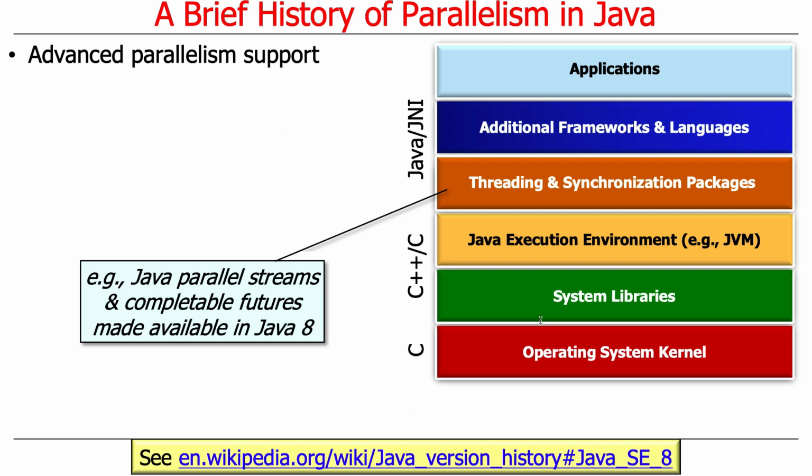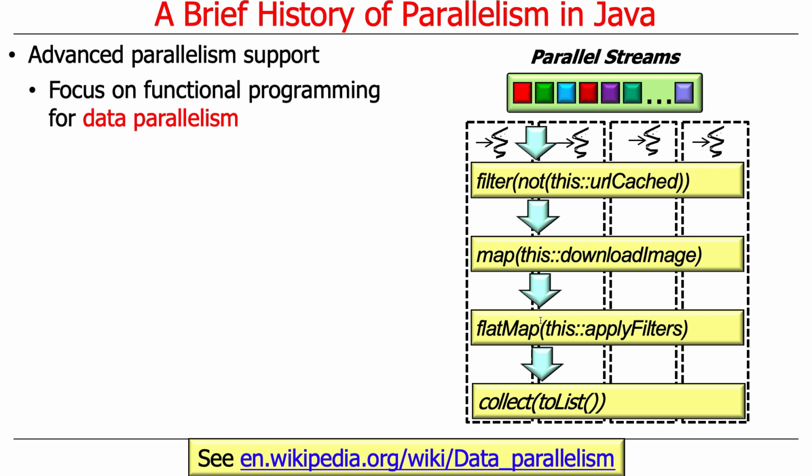Therefore, because there were better ways to do things, with Java 8, which came out in 2014, the Java development team decided, let's make it easier for people. Let's make it better for humans to program parallel platforms more effectively. And so that's where parallel streams and completable futures came in. The focus there was on functional programming for data parallelism, which basically wraps the fork join pool with a nice functional programming facade in the form of parallel streams.